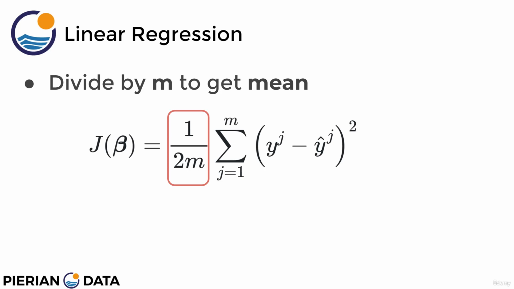mean. Now you're probably wondering, where did this 2 come from inside the denominator? It wasn't there before when we calculated the average squared error. Well, recall that when you're trying to minimize something, typically what you end up doing is taking the derivative and setting it equal to 0. So we will be taking a derivative here, and minimizing some function is the same as minimizing half that value. So we can easily just manipulate this by saying 1 over 2m instead of just 1 over m.